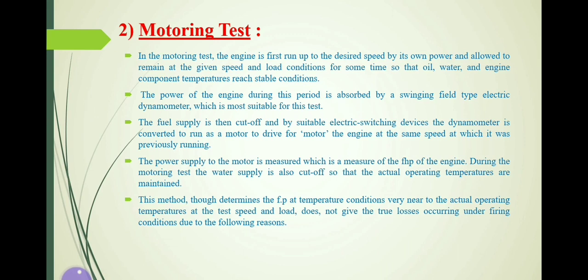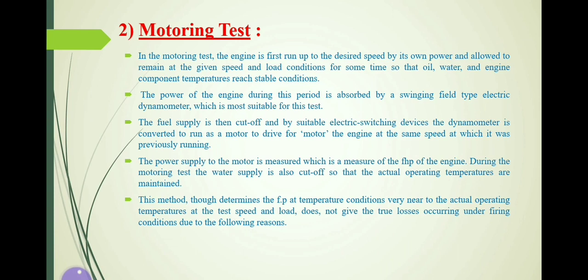Now, what will be the amount of power? It could be equal to 20 kilowatt, more than 20 kilowatt, or less than 20 kilowatt. Definitely the power required by the motor to keep the engine running at 1000 rpm is more than 20 kilowatt. Let us consider that the power supplied to the motor is 25 kilowatt. Now we use this to measure the friction power, which is the difference between 25 kilowatt and 20 kilowatt.